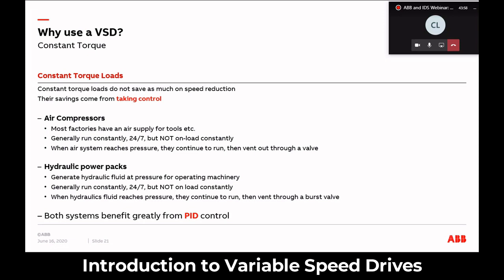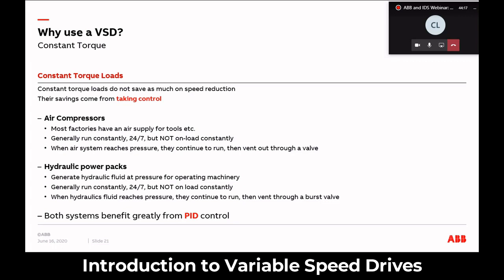If we look at air compressors and hydraulic power packs, by being able to control the pressure that's being fed through there, we can start to put some energy saving in by using PID control.